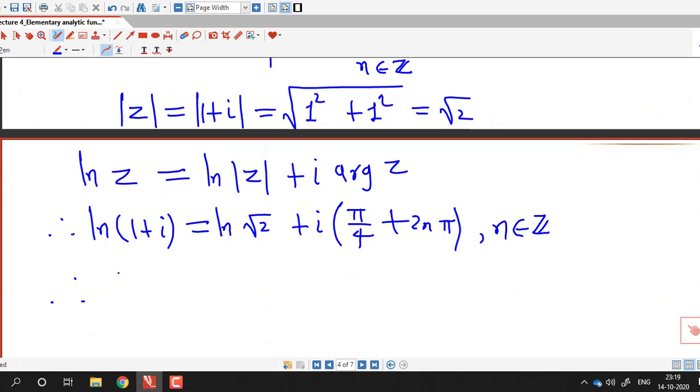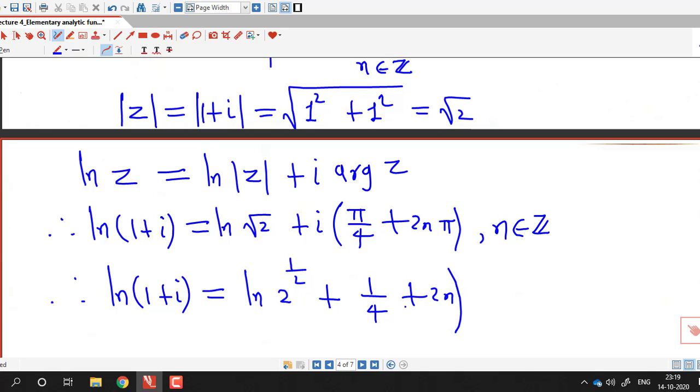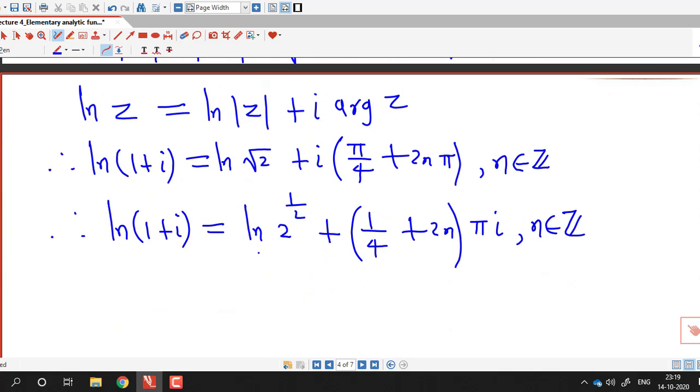So this we can rewrite as ln 2 raised to 1 by 2, and if we take pi common, 1 by 4 plus 2n, with pi taken outside the bracket. This is a real logarithm, so we can write it as 1 by 2 into ln 2, and we keep the rest as it is.